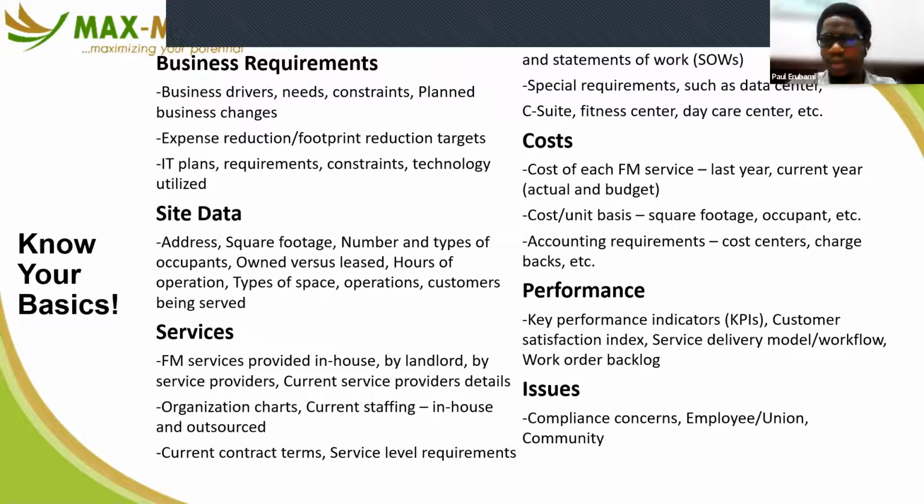So it's not enough to know I have 10,000 square meters, 25,000 square meters. How does that total number of square meters break down?